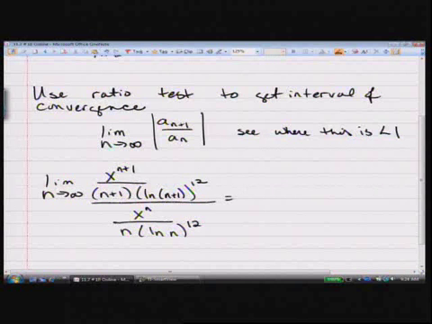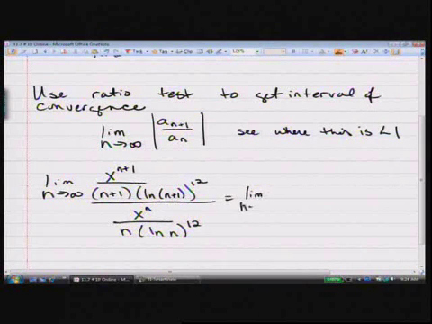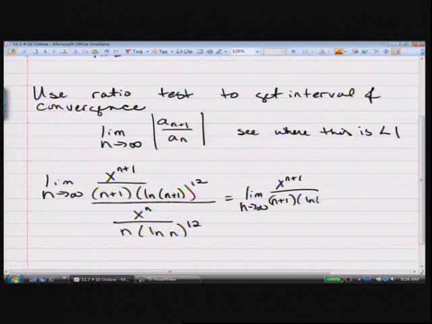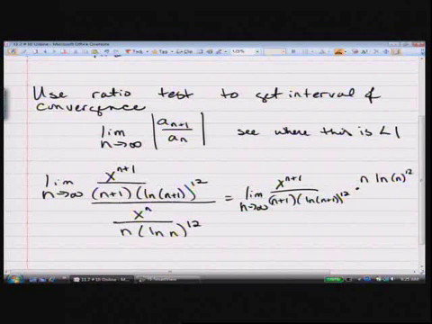Which you can write horizontally then, the limit as n goes to infinity of x to the n plus 1 over n plus 1 times the ln of n plus 1 to the 12th times n times the ln of n to the 12th over x to the n.